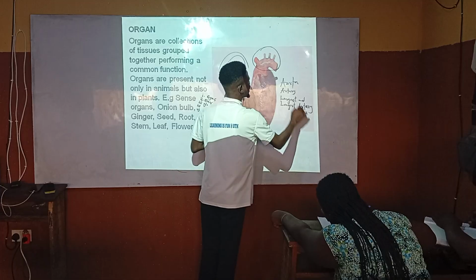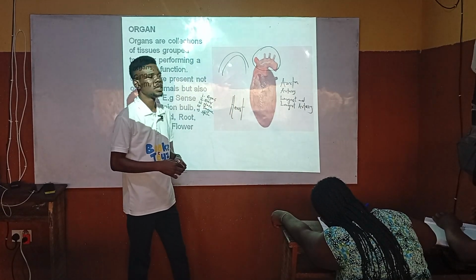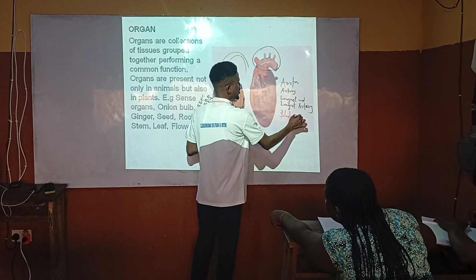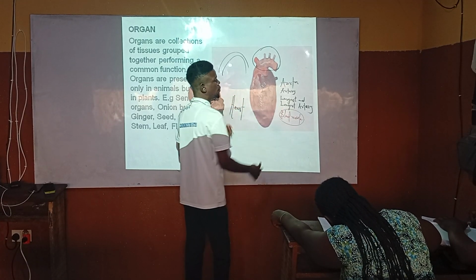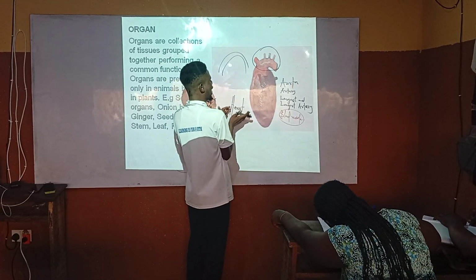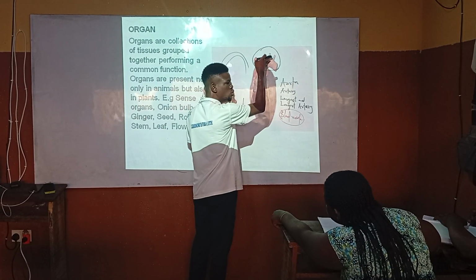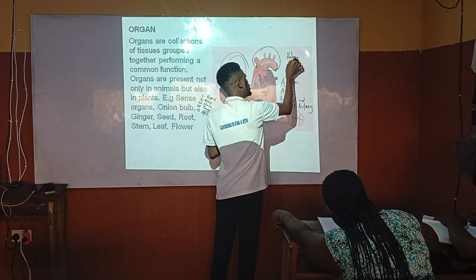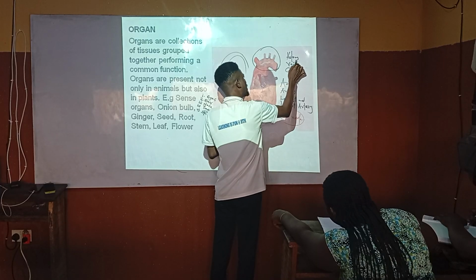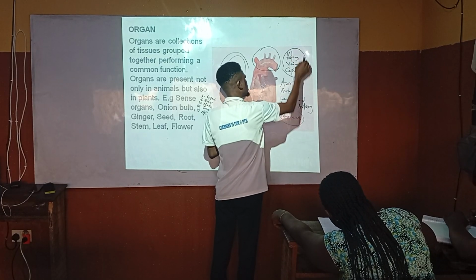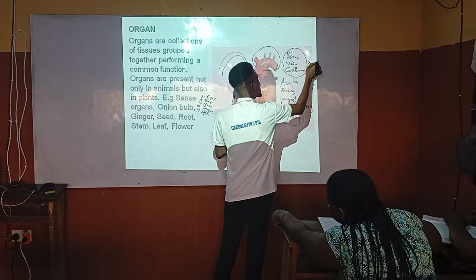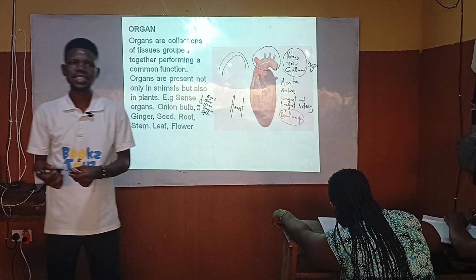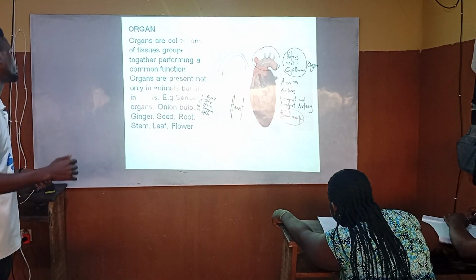Now take note, artery is a blood vessel. So that means the heart is an organ. The blood vessels too are organs. And what are the blood vessels? We have the artery, the vein, and the capillaries. So blood vessels and even the heart are organs. So take note, the artery is an organ, the heart is an organ, and so on.